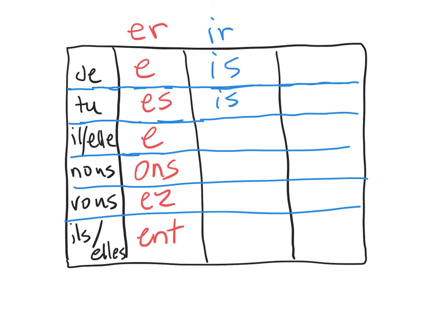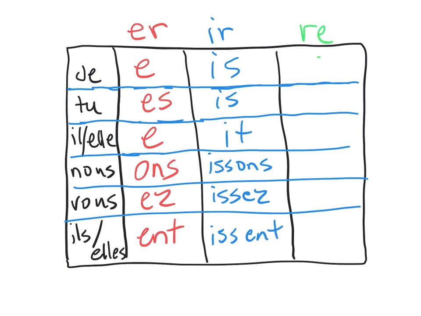IS, IS, IT, ISSONS, ISSEZ, ISSENT. And then our final group, the smallest group, is S, S, and then you put nothing there. ONS, EZ, ENT. So that is the entire lesson for ER, IR, RE verbs.